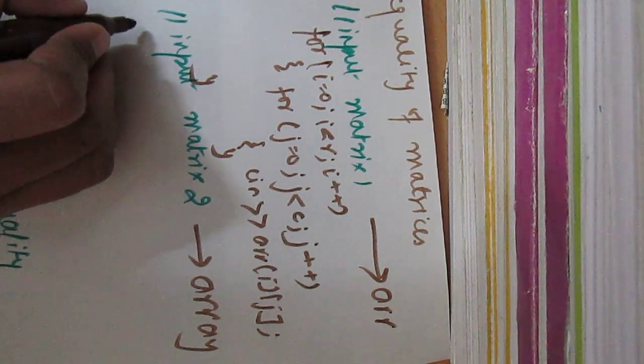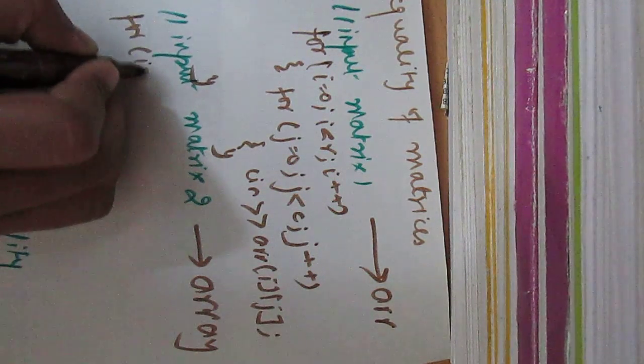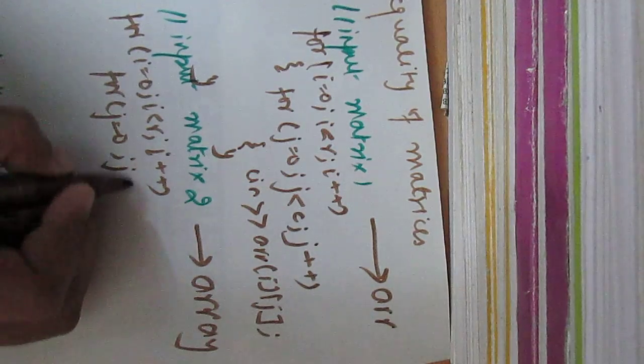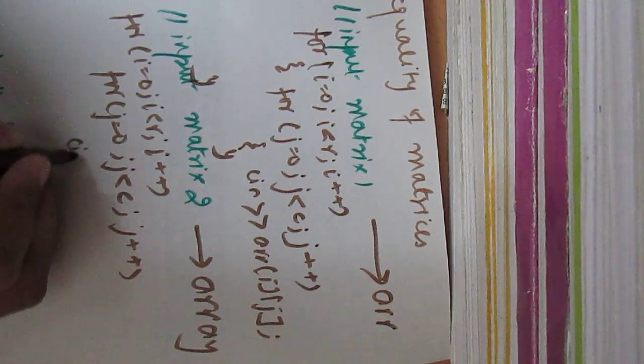Suppose for the first matrix we have considered the name arr, and here we consider the name array. For the second matrix, we say for i equals 0, i less than R, i plus plus, then for j equals 0, j less than c, j plus plus, cin array[i][j].